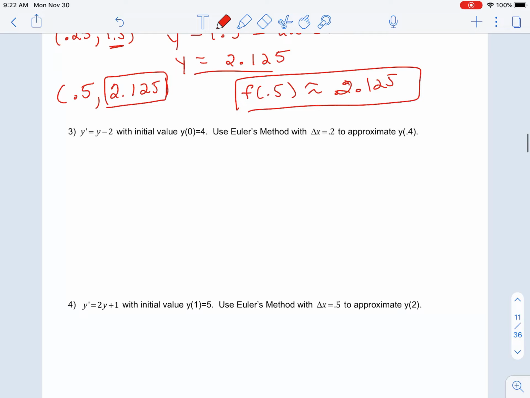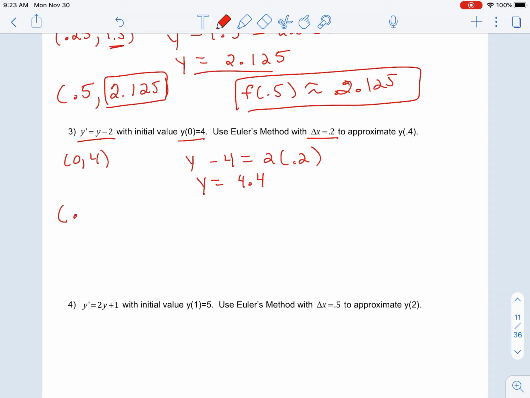Okay, just trying 2 more. So here's my differential. I'm going to start at the point 0, 4. My tangent line is y minus 4 equals, if I plug in 4 for y, the slope is 2, and my delta x is 0.2. Solve for y. So this is 0.4, move the 4 over, 4.4.